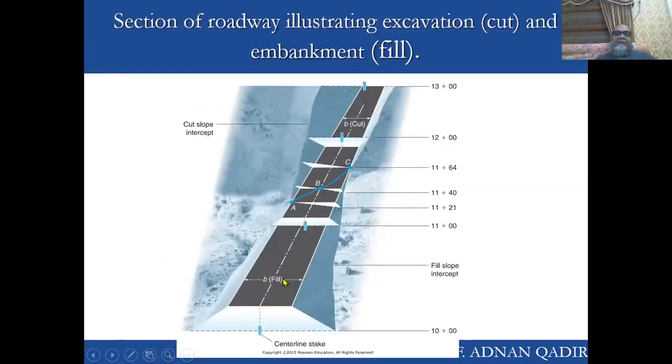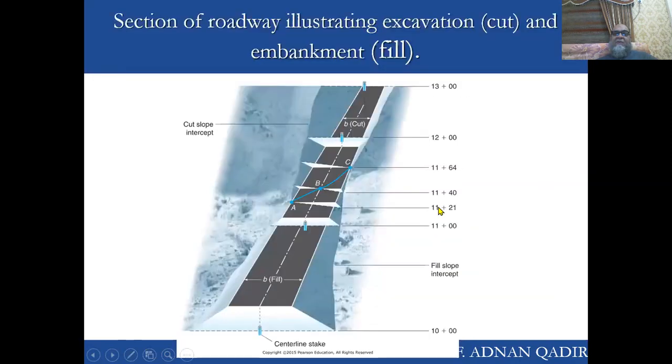Take this example first. There is a road along this line, and we are taking elevation at different points along the center line. So this is my center line, right? And this is the whole width of my road section. We call this fill because the surrounding ground level is below my pavement level.